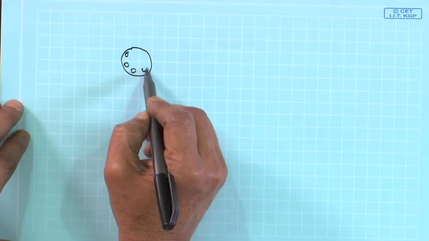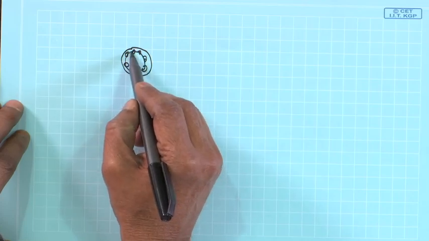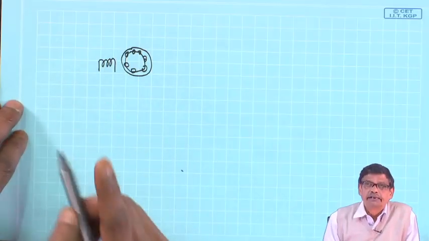Welcome, and we were discussing the single phase induction motor. A single phase induction motor will be truly single phase when the motor runs on a single winding, that is important.